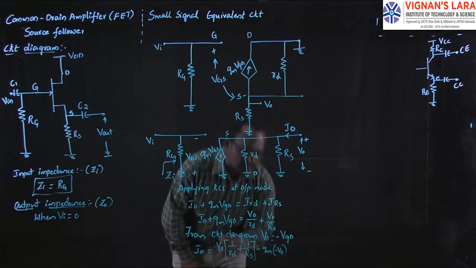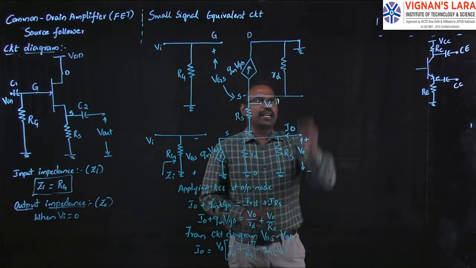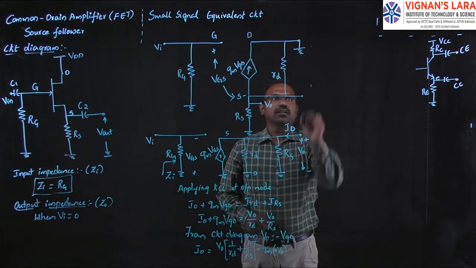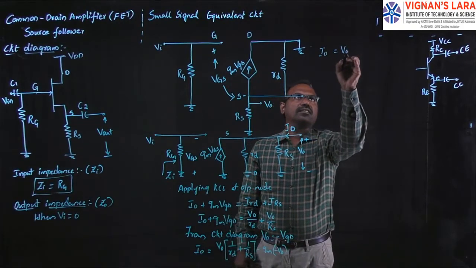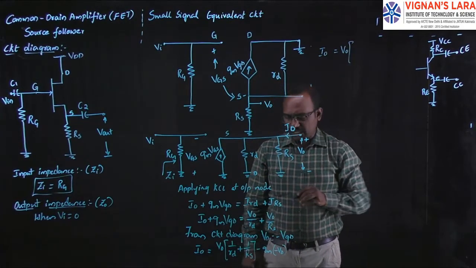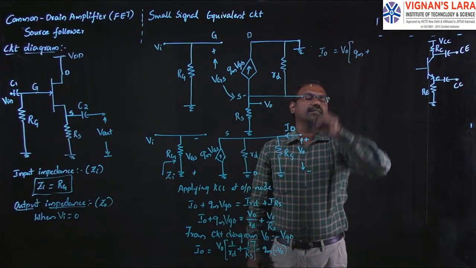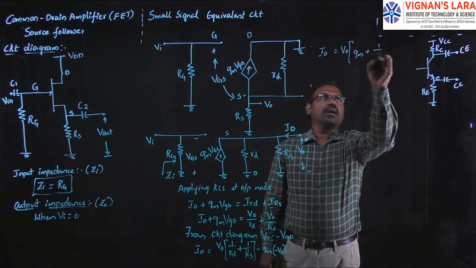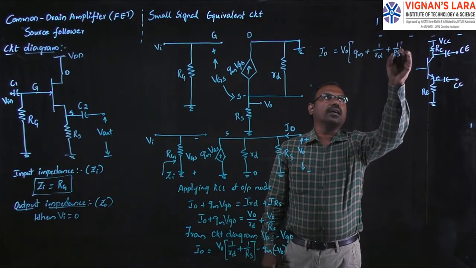So this is the equation. Right, I am continuing here. I0 is equal to, if you take V0 as common from the total equation, you will get gm plus 1 by Rd plus 1 by Rs.